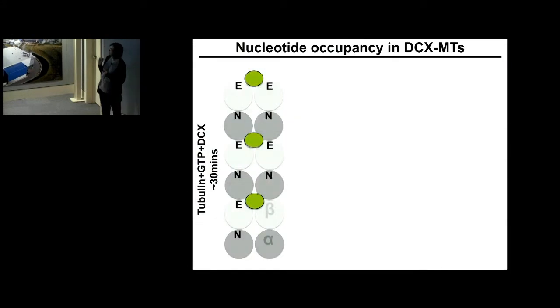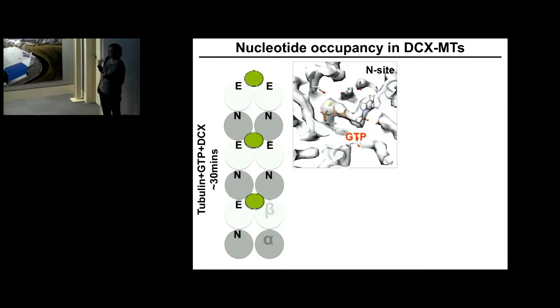One of the questions relates to how the Doublecortin interaction with the microtubule lattice responds to the stabilization in the presence of different nucleotides, for example. We know that the Doublecortin binding site is very close to the GTPase active site of beta-tubulin. And so one of the things that we can now start to look at is what's actually going on in terms of the nucleotide occupancy of that catalytic site.